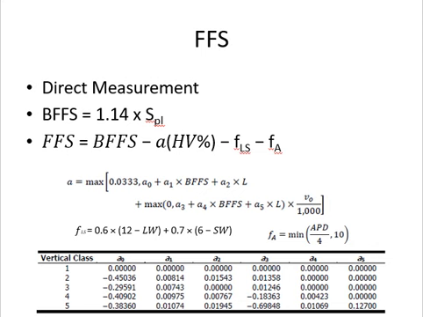LW means lane width, SW means shoulder width. The value itself in feet. The value of the lane width and the shoulder width. And then we have the factor for access points. From where do we get it? From here. So what is APD? APD is access point density. So you count number of access points divided by the length.